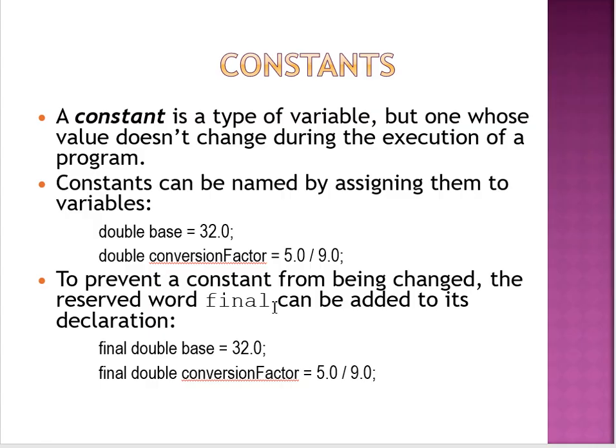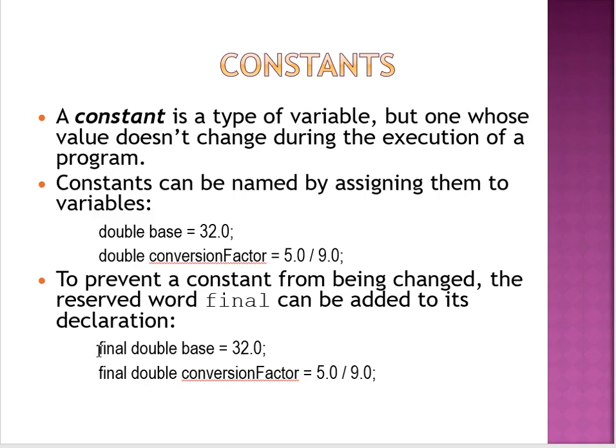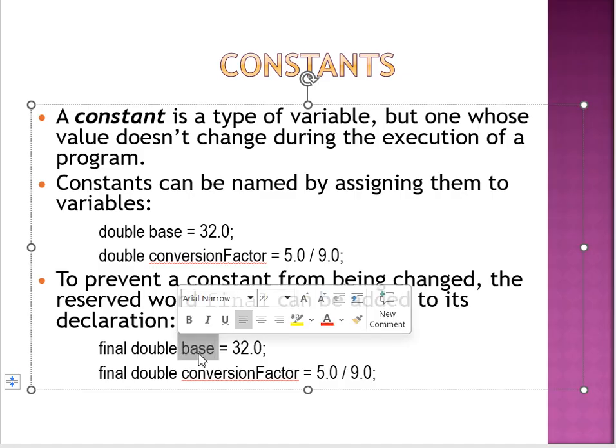You use a reserved word called final. So when you have final preceding the declaration, it means you're declaring a constant value. So final declares a constant value here. Have you noticed? So this base variable will remain unchanged.